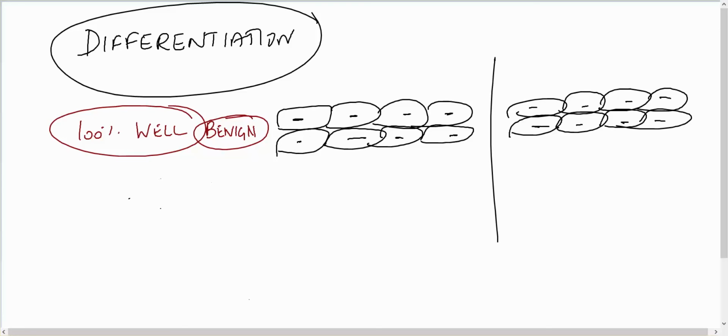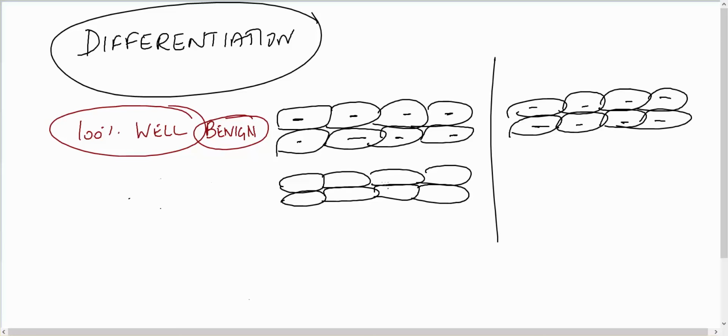If the tumor cells are resembling only 50% like that of the normal cell, this is a normal cell, right?